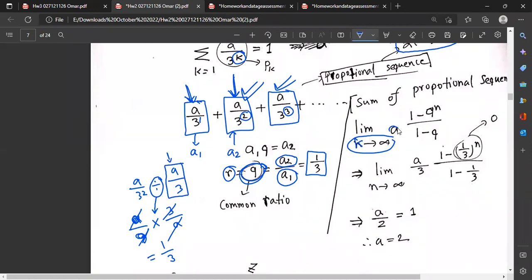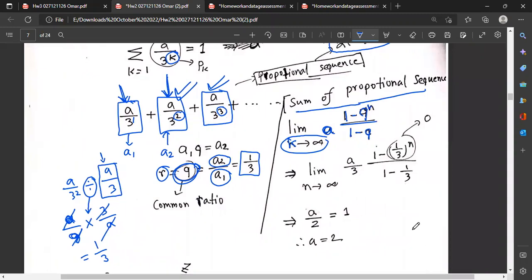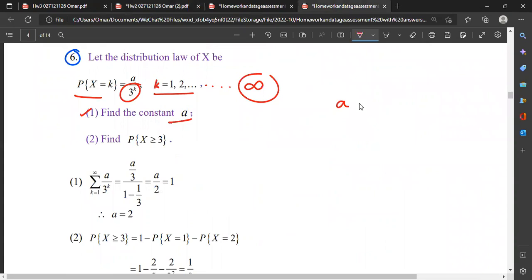So then the formula is a into 1 minus q to the power n by 1 minus q. This is the formula to find the sum of a proportional sequence. This is the sum of all the numbers when k is equal to 1, k is equal to 2, up to infinity.